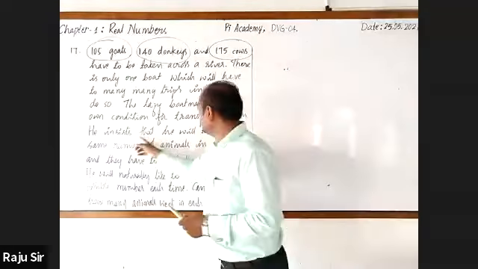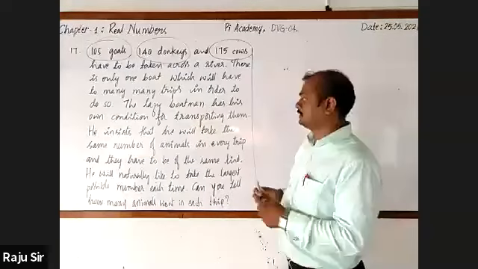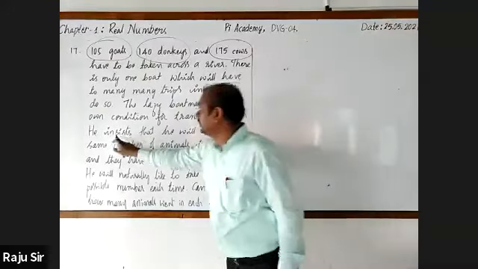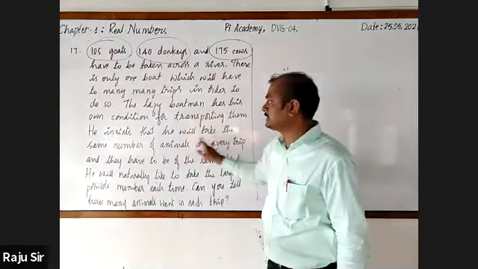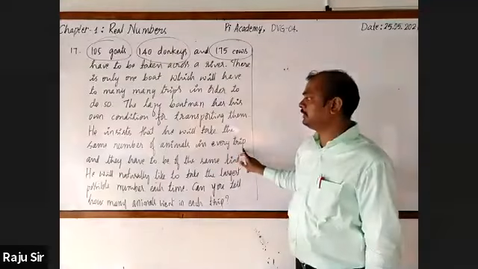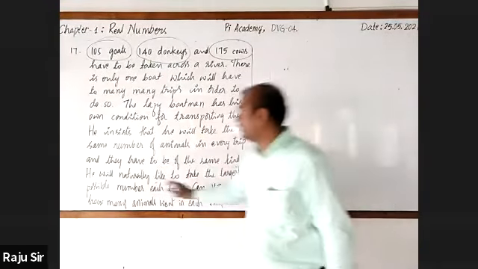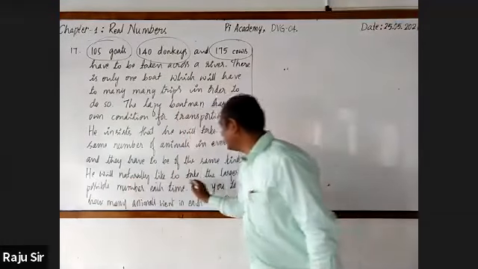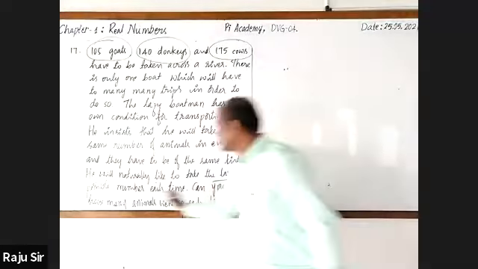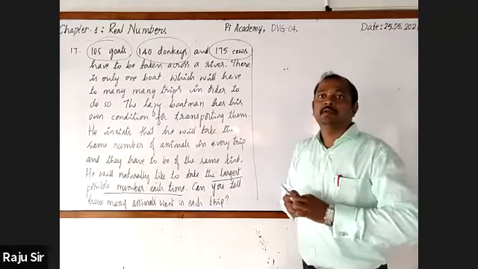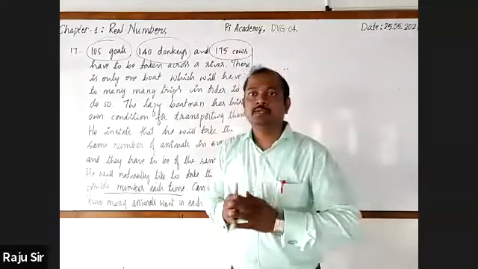And the boatman will give a condition. There's this one condition for transporting them. He insists that he will take the same number of animals in every trip and they have to be of the same kind. He will naturally like to take the largest possible number each time. Hope that you have understood.